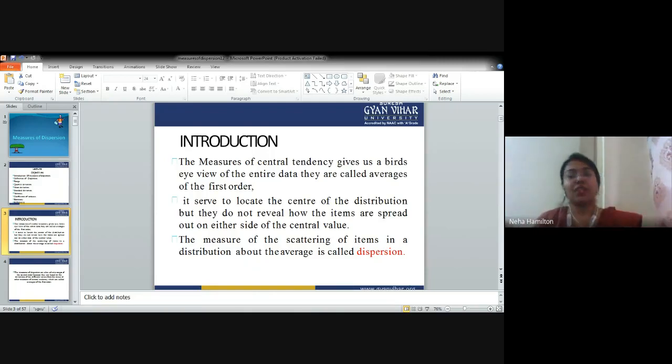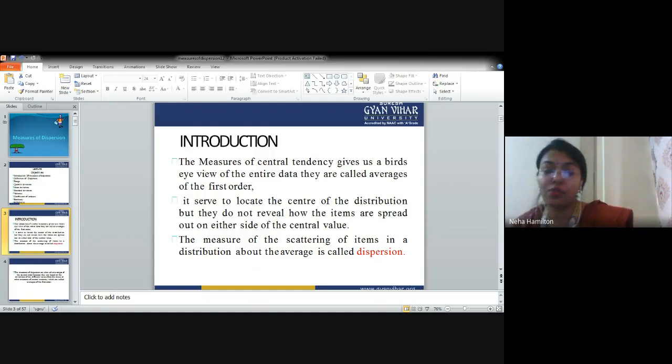In descriptive statistics, the first and foremost thing that you have to do is find out the mean, mode, and median, because these are the first order averages that will help you calculate the second order averages that we have covered in today's class, right? So what are the second order averages, students? The most important are standard deviation and coefficient of variance, right?